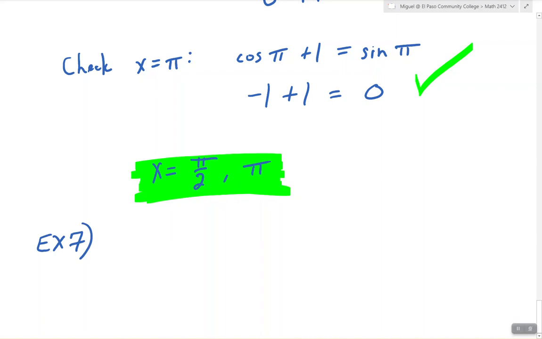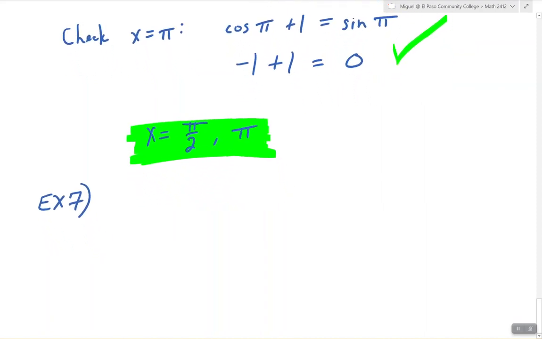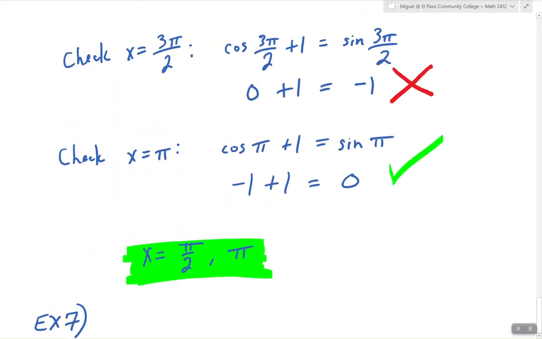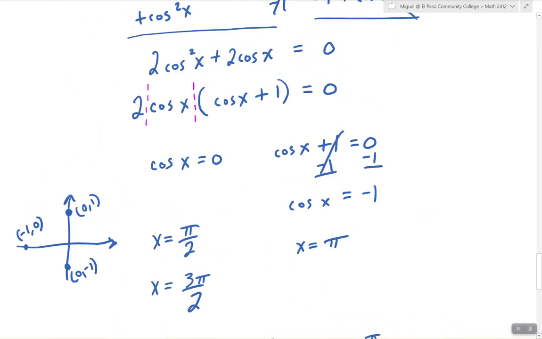Any questions on 6? Yeah. What happened to the 2? So the 2 and the factor part, right? Since it doesn't have an x, if I think of it as a factor, I can't get anything from it, so you can just ignore it.